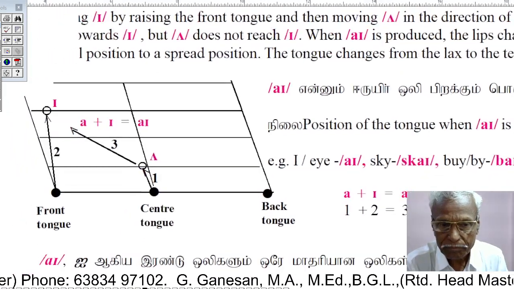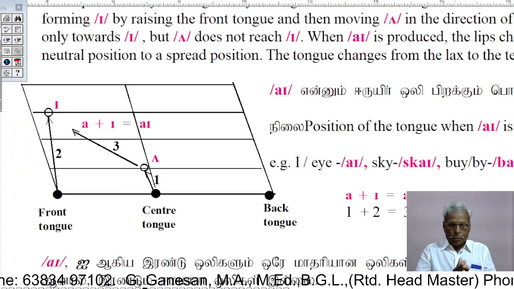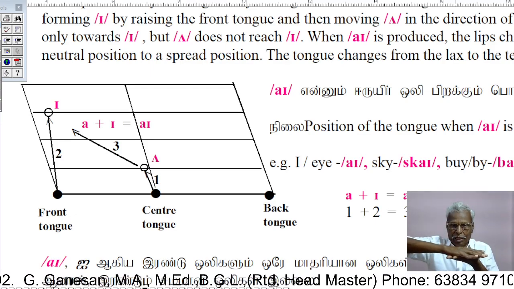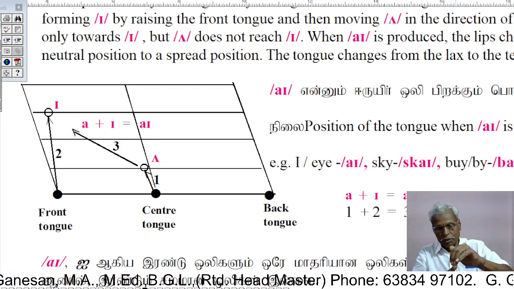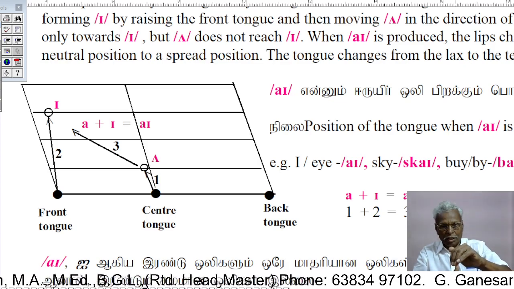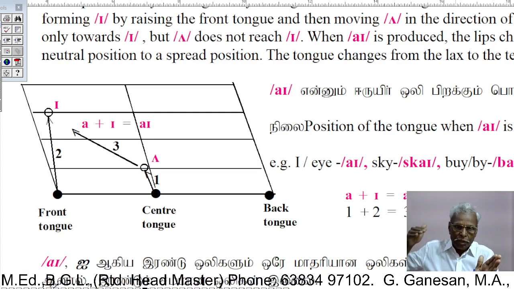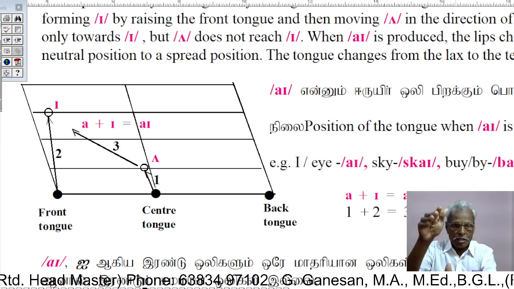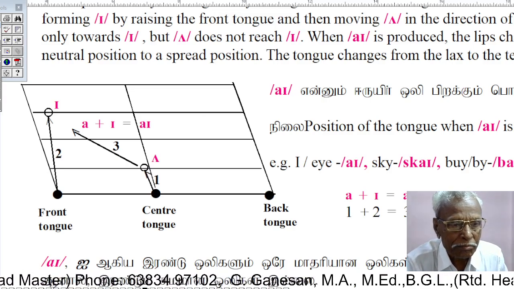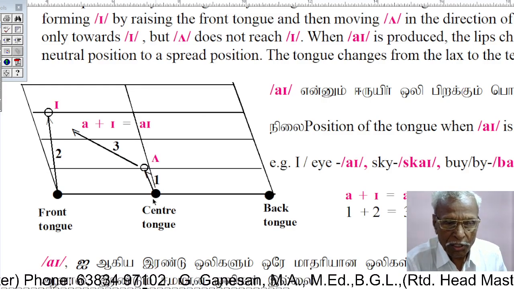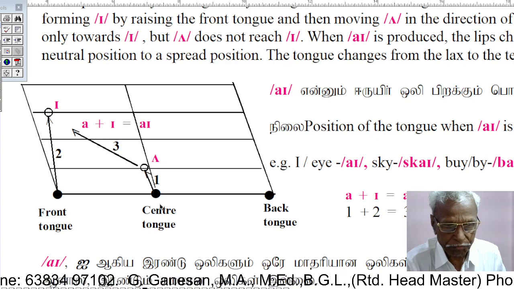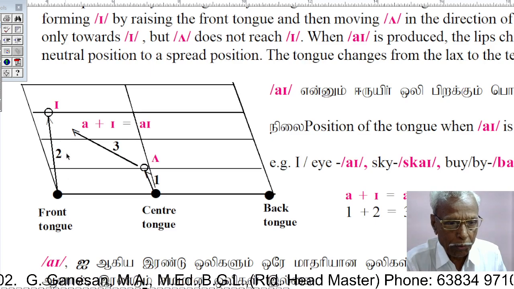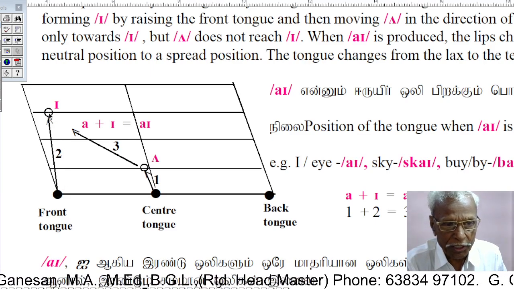Thus, /aɪ/ is produced by raising the center of the tongue, then producing /ɪ/, and then moving towards /ɪ/. See the diagram? First, /a/ is produced by raising the center of the tongue. Then, /ɪ/ is produced by raising the front tongue.